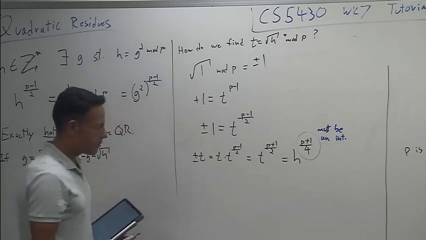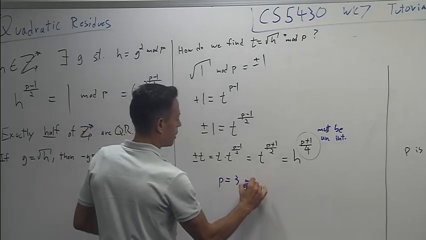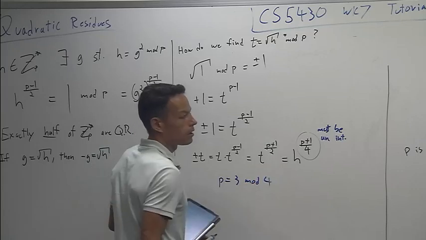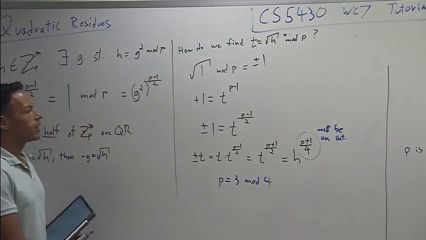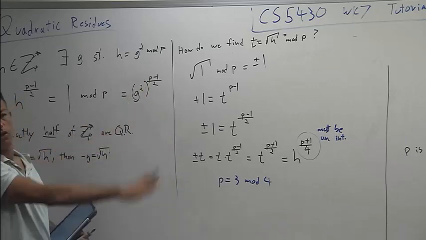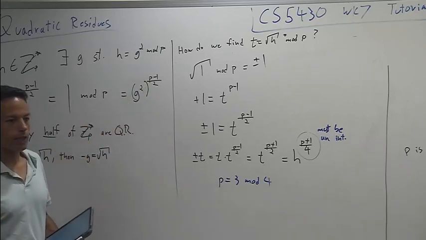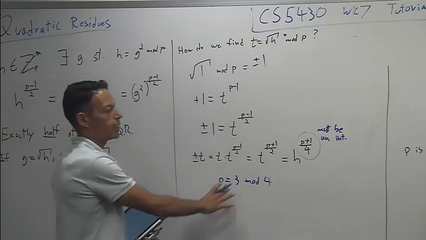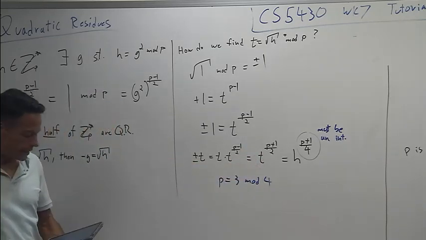So oftentimes that means that we'll have p equal to 3 mod 4. Don't worry about this too much. We're not going to be testing you on whether you can find square roots mod p. The point is it's pretty quick and easy to take a square root. It's a relatively easy thing to do.